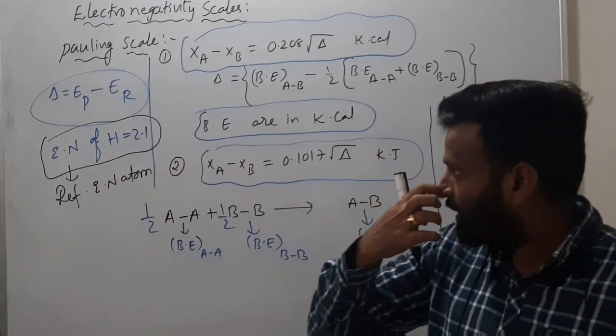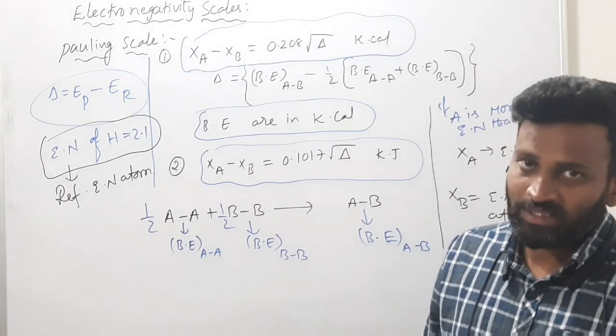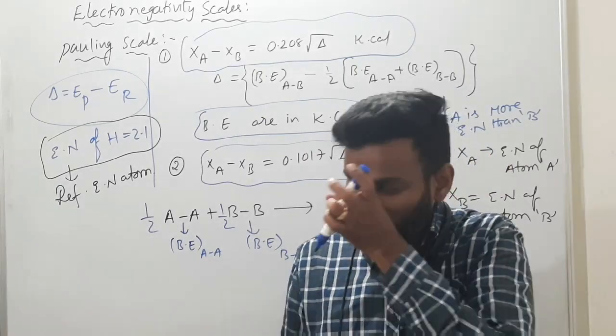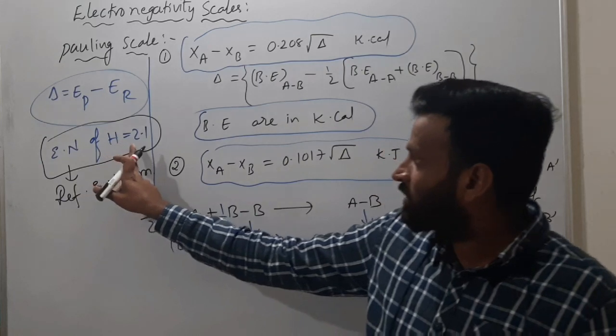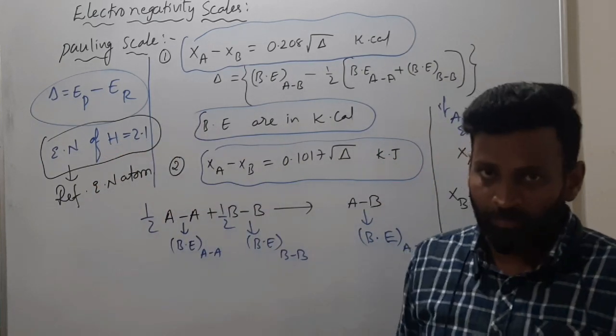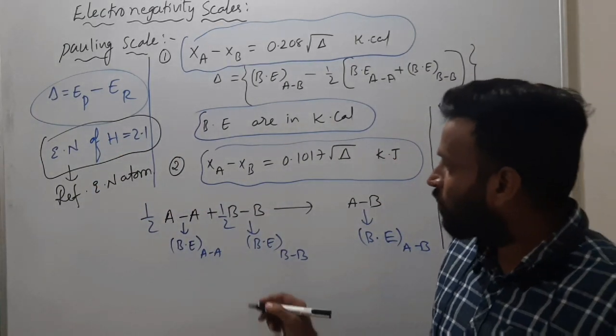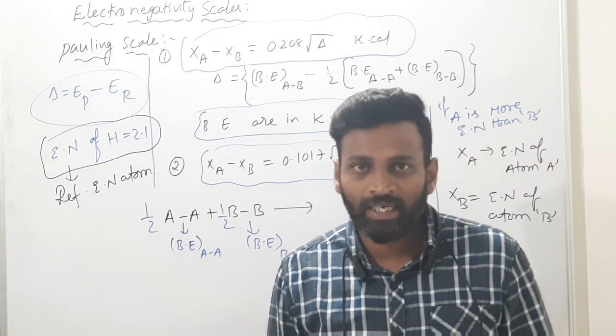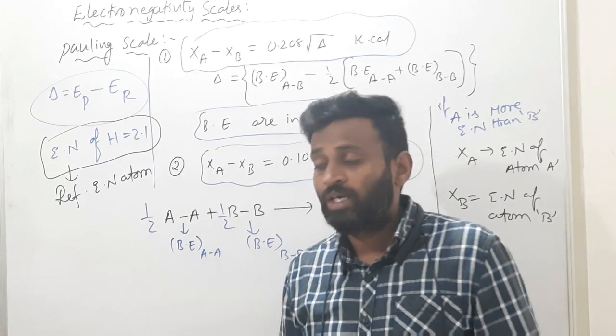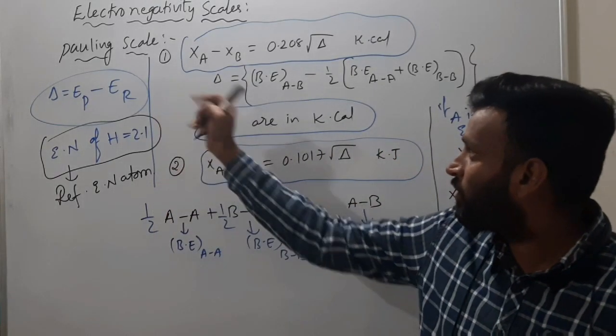He considered the hydrogen electronegativity as 2.1; that was also derived actually. The hydrogen electronegativity value is 2.1. And suppose you want chlorine, then we have to take HCl.